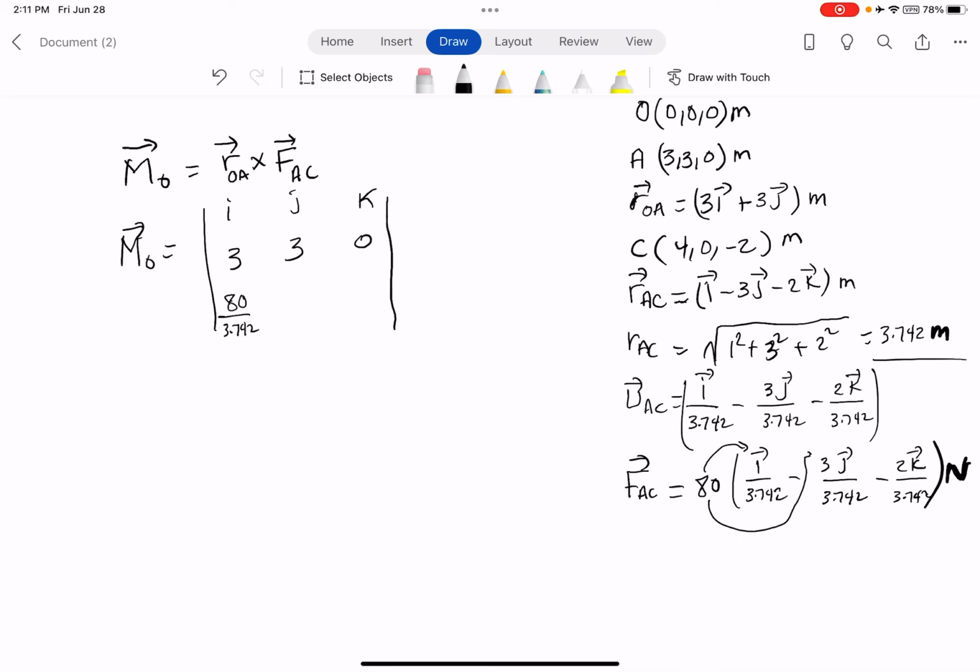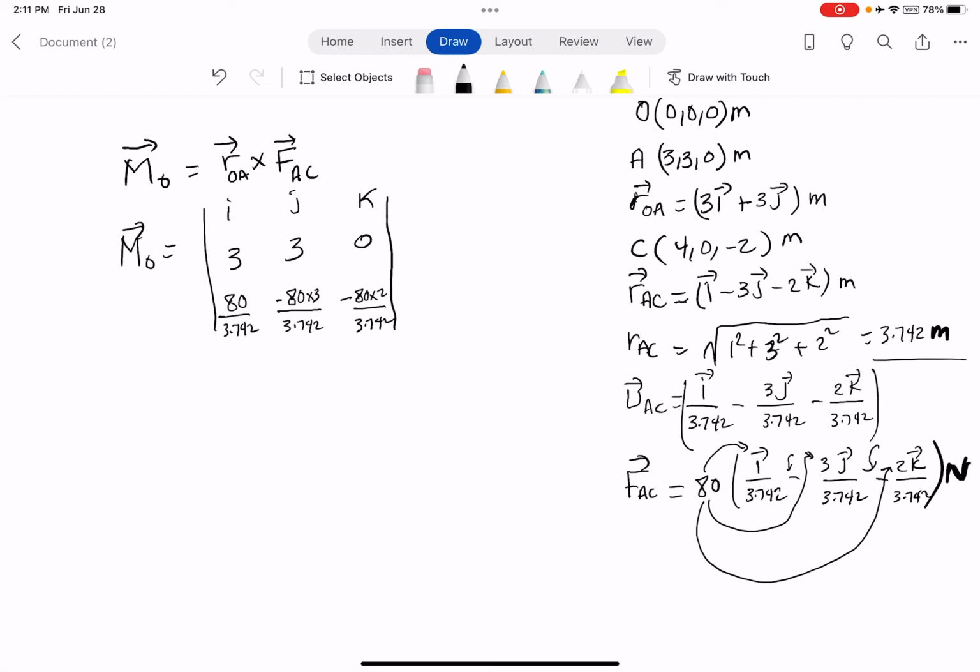And 80 times 3, and remember there's a minus here, so it is a minus, over 3.742. And here 80 times 2 over 3.742. Remember here there is also a minus, so it's a minus here.